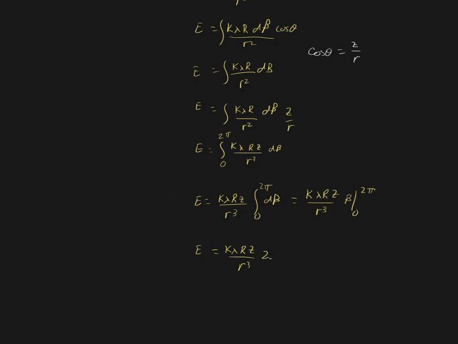So this gives us E is equal to k lambda R z over r cubed times 2 pi. Now, lambda is equal to q over L, and if we want to know what q is, then q is equal to lambda times L, but L in this case is arc length, which is 2 pi capital R. So by combining 2 pi R with lambda, we just get the value of q.